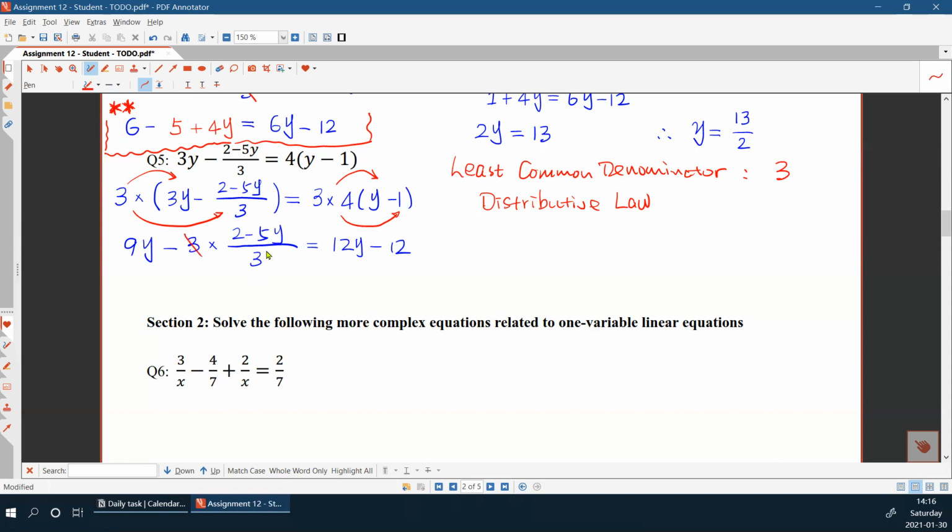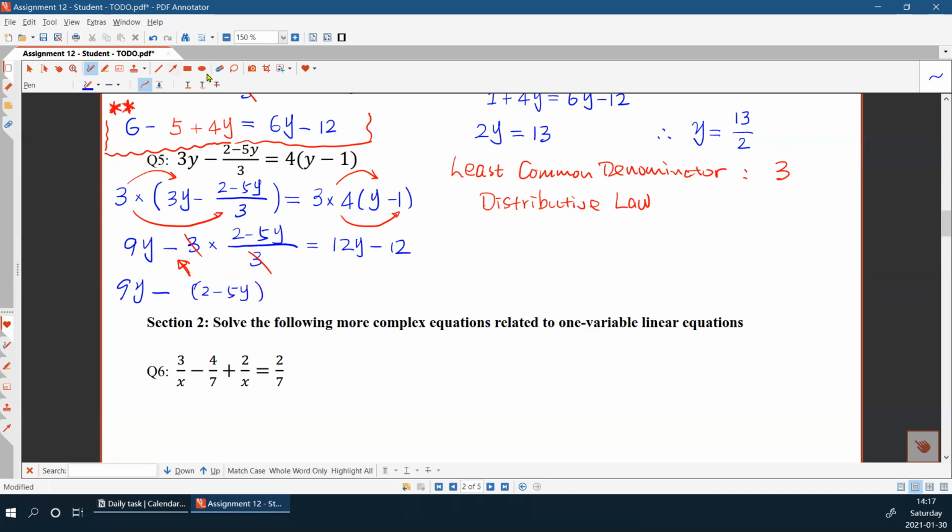Of course, here you can cancel a 3, right? Okay, again, note that there is a minus sign in front of your second term on the left-hand side of the equation. So we have 9y minus 2 minus 5y brackets, right?